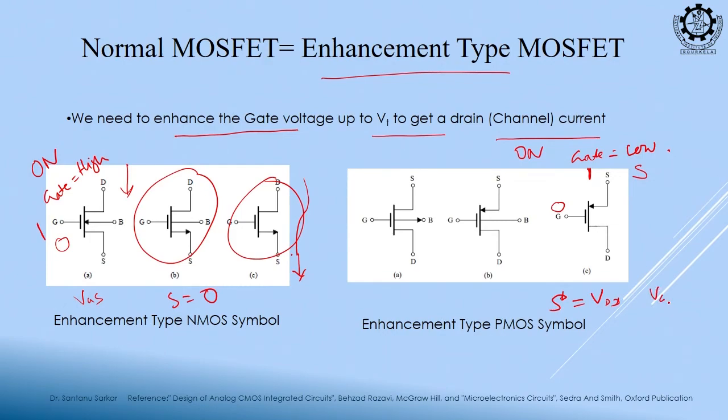If you make VGG also VDD, so what is the magnitude of VGS? Here source is at 0, if you make gate also 0, what is your VGS? 0. So, it turns off at 0, it turns off at 1.